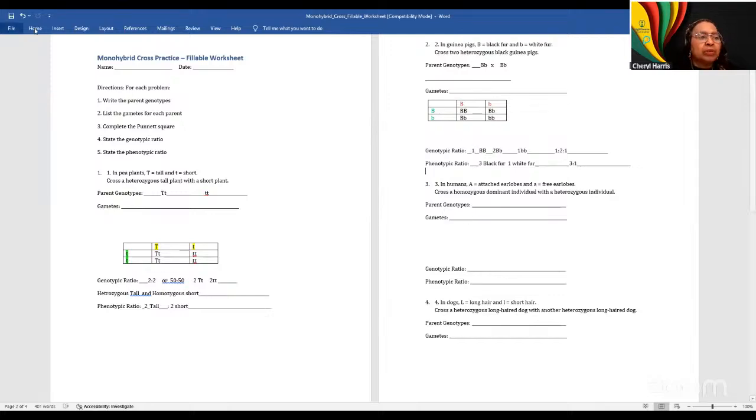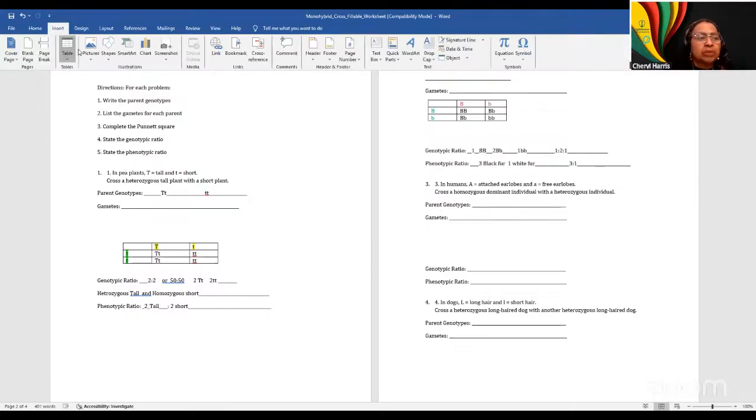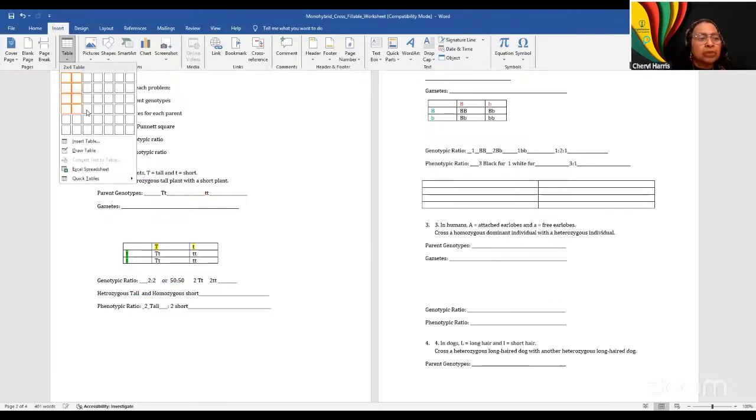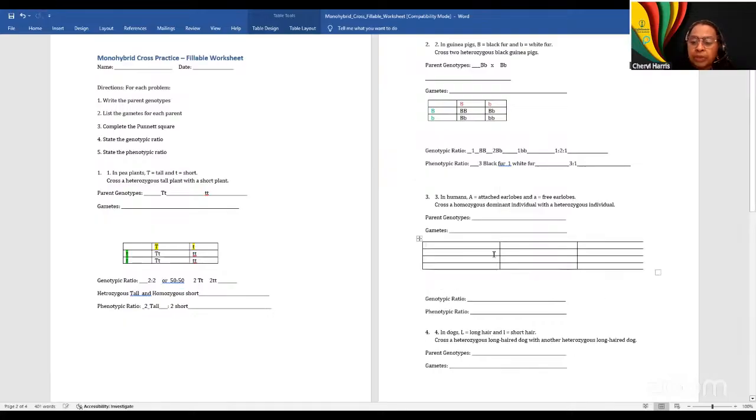I'm going to insert a table. I'm just going to leave it big for now. I got too many rows on this.